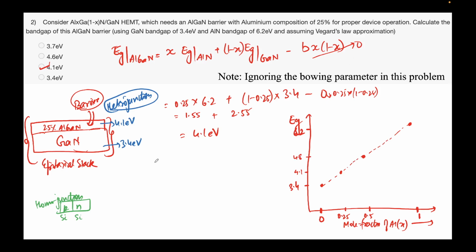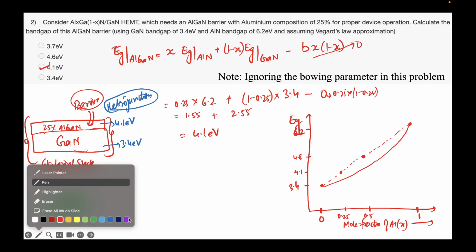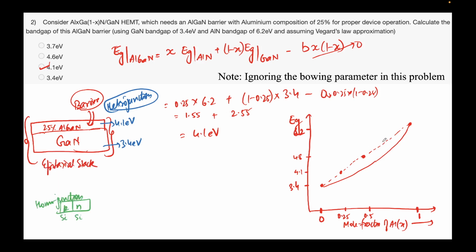However, in practice, what we have noticed is that this is not a straight line. Experimentally observed, we do not follow a straight line, rather it has a certain bow to it. So the straight line says you must get, I'm showing in purple, you must get this value. What you actually observe is this.